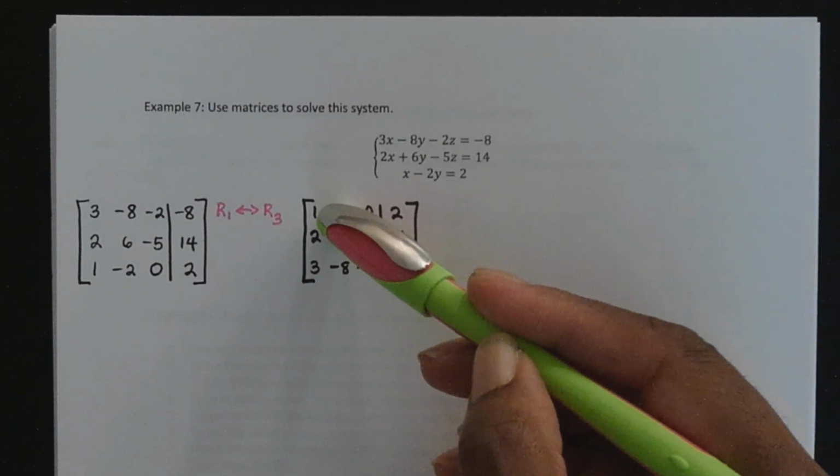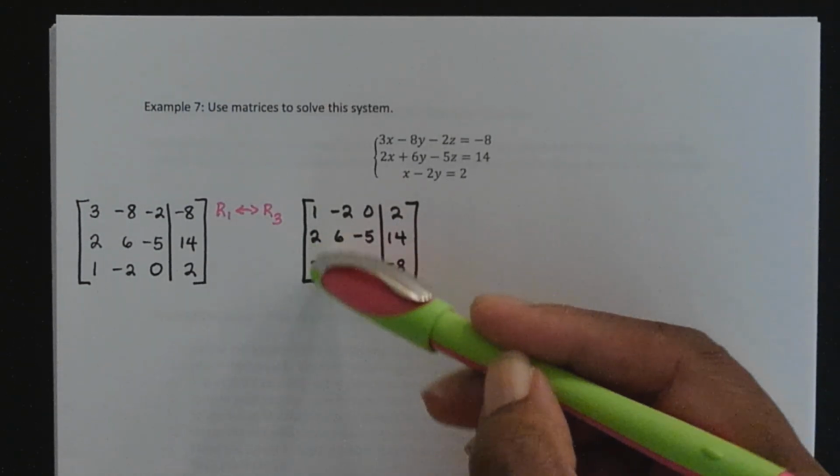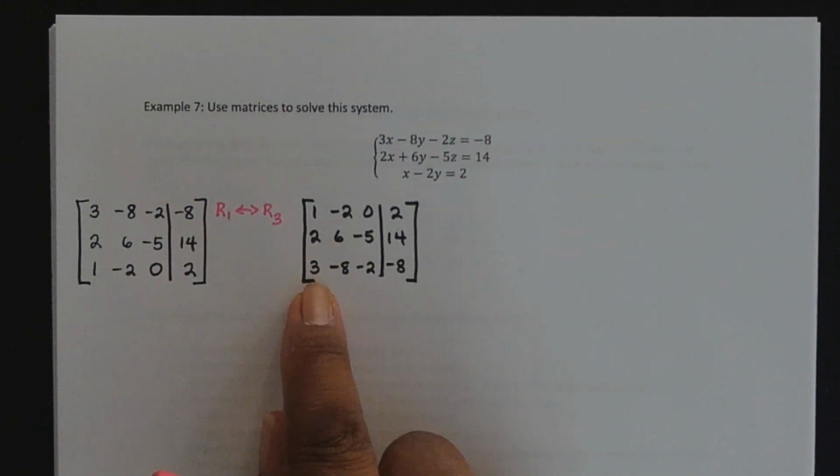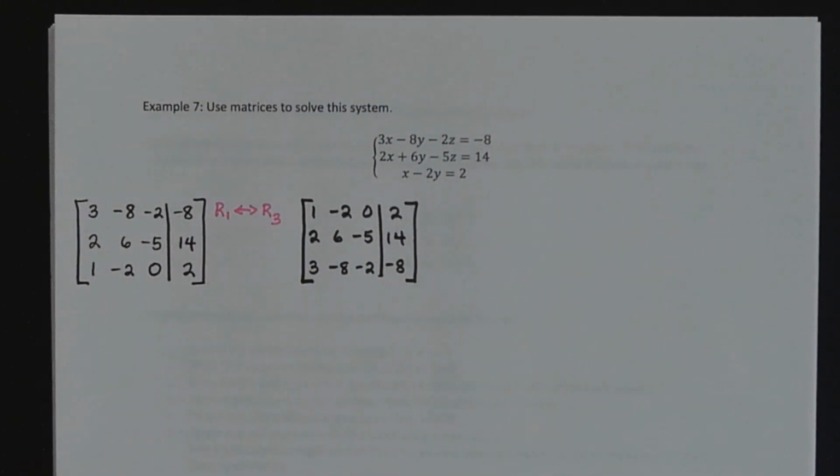Now, I have a 1 in the upper left-hand corner. I need zeros underneath the 1 here. So I need that 2 to be a 0, and I also need that 3 to be a 0. So here you can do matrix row operations in pretty much one step, just to save time.